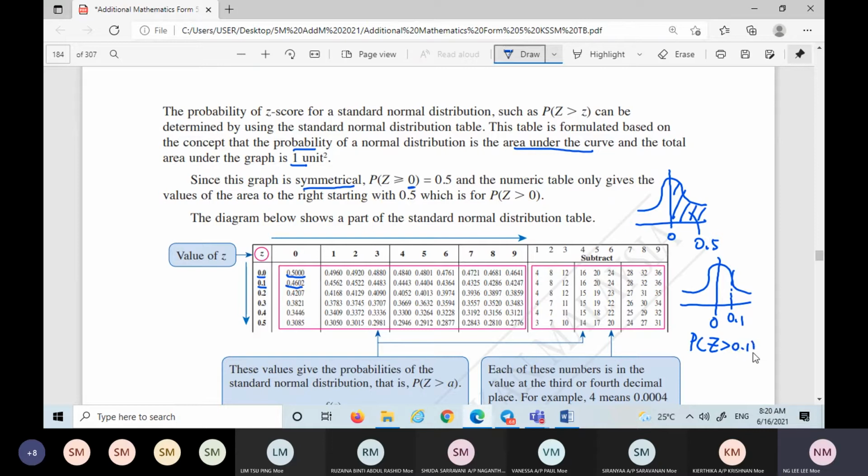So Z greater than 0.1 is here, and the area here is 0.4602. This is the meaning. If you want to copy this, you also can. What is the meaning of this 0.1 and what is the meaning of this 0.4602?